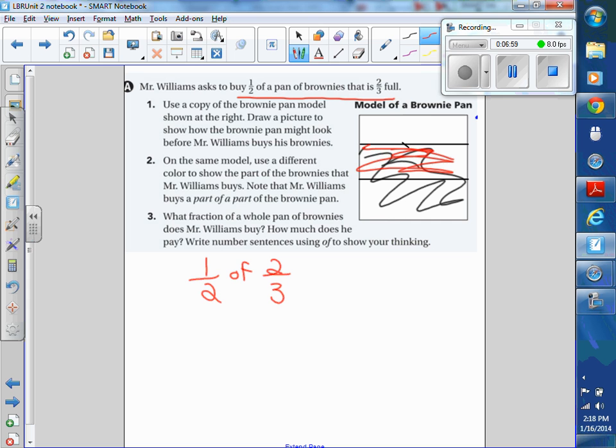That word of, do you know what operation that is? Olivia? No? Julian? Multiplication. So another way to write this is half times 2/3, and he came up with the answer of 1/3.